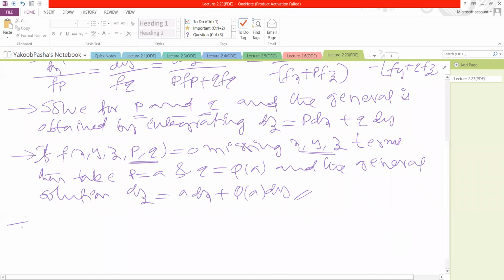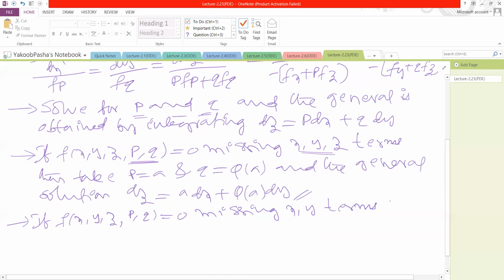If f(x, y, z, p, q) = 0 is missing x and y terms, that means the independent variables are missing.